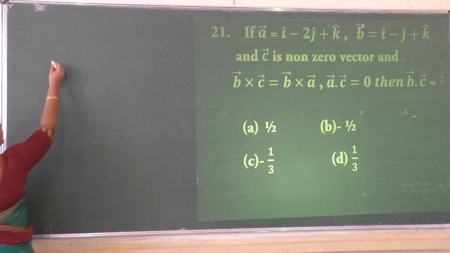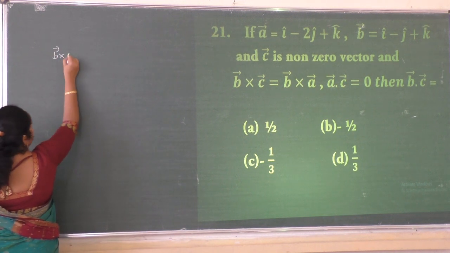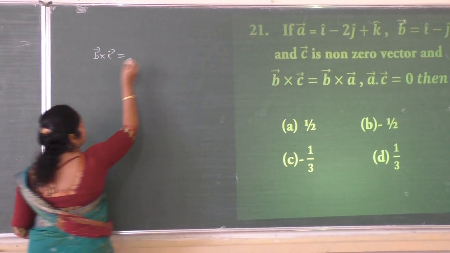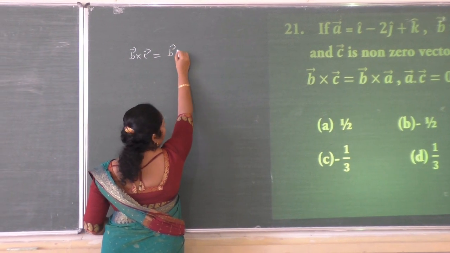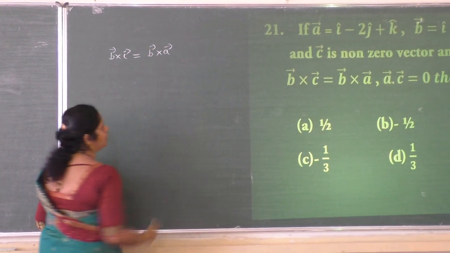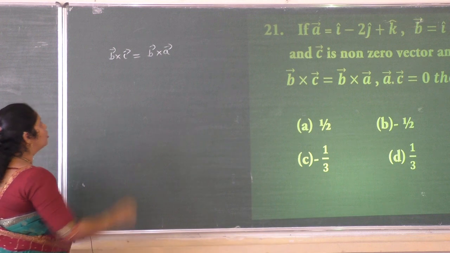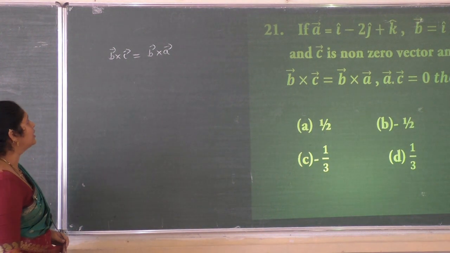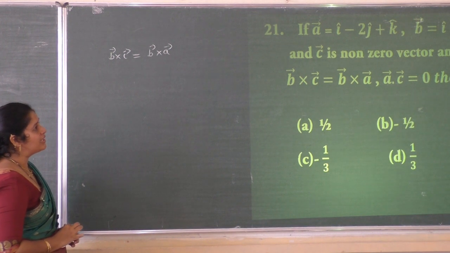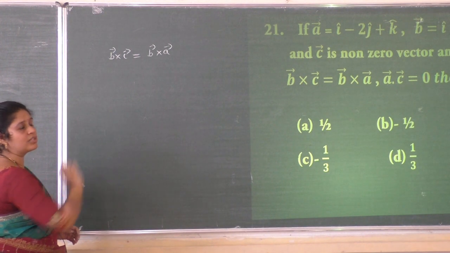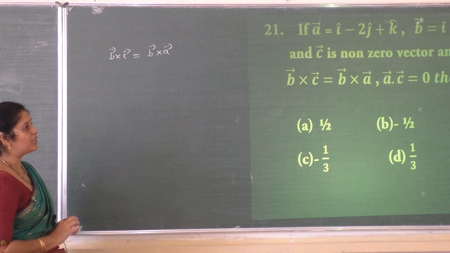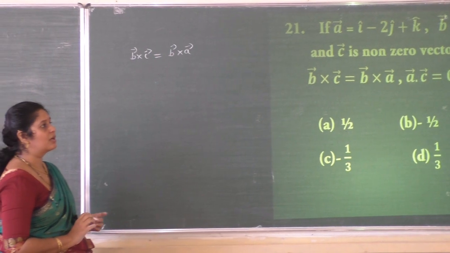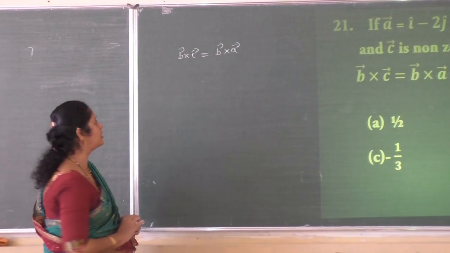I am taking this condition, vector B cross vector C is the same as vector B cross vector A. Here we have vector B, and on the right side we also have vector B. Now I need to get vector C because I already have vector B. If I get vector C, then I can take the dot product of those two vectors.